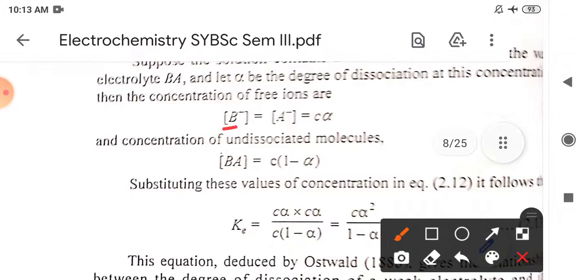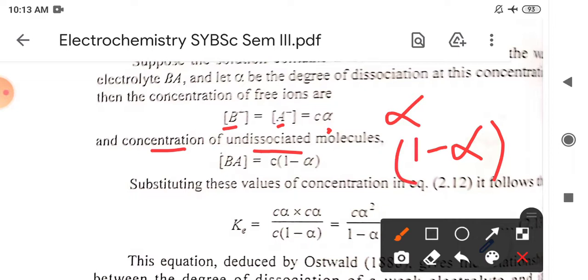For B plus and A minus ions, the total concentration is the concentration of electrolyte times the degree of dissociation. Based on this formula, you can get the actual concentration of B plus and A minus. The concentration of undissociated molecules will be 1 minus alpha, because alpha is the degree of dissociation, which can at most have the value of unity.